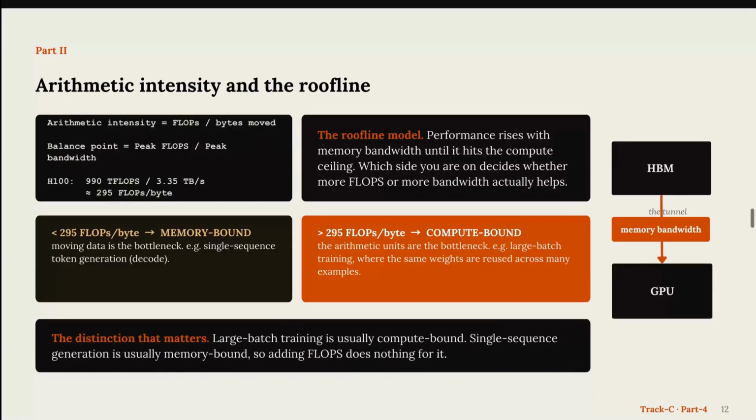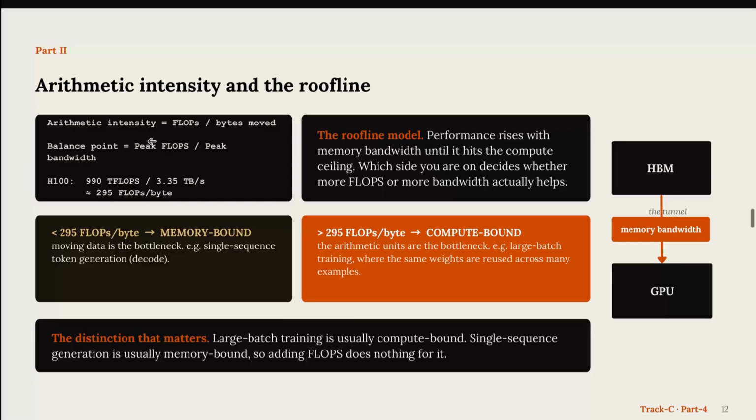And if you were to look at arithmetic intensity and the roofline that we would typically reach, this is how we need to calculate it. Arithmetic intensity, we always saw, is the number of operations being done by the GPU relative to the number of bytes being moved. So this is the true performance of a GPU. Balance point is that you have peak flop operations being done for the peak bandwidth.